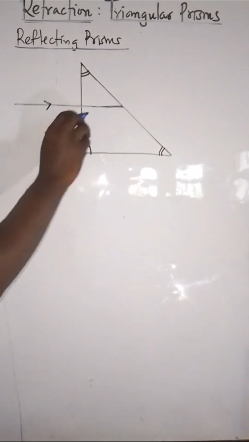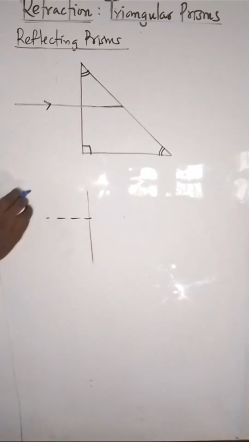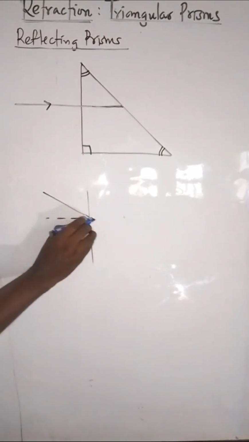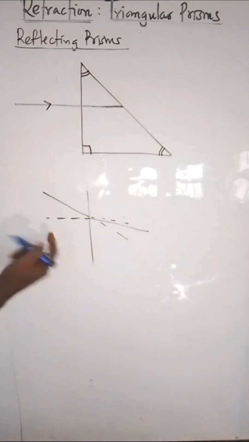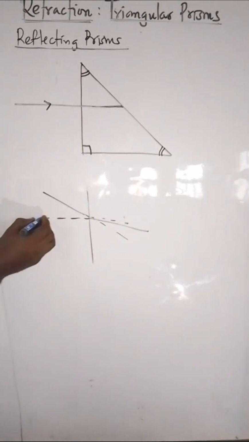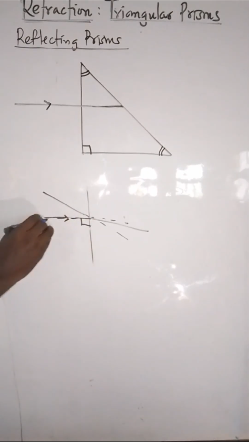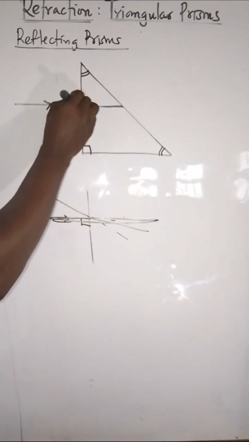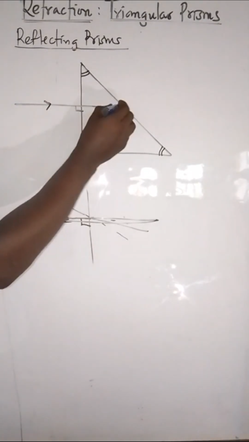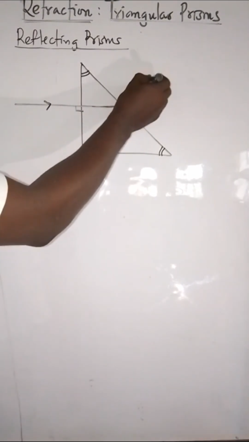If light enters this way, it will bend towards the normal. But if the light enters normally, meaning at 90 degrees to the surface, it will pass through undeviated and strike the other face. It strikes it here. Now let's draw a normal here.